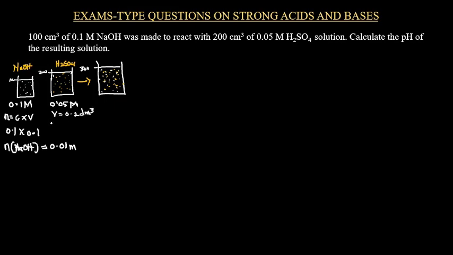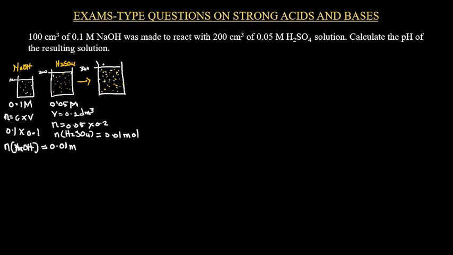So mole is going to be 0.05 times 0.2. So the mole of the acid H2SO4 is going to be equal to 0.01 mole as well. So now we've combined these two solutions.